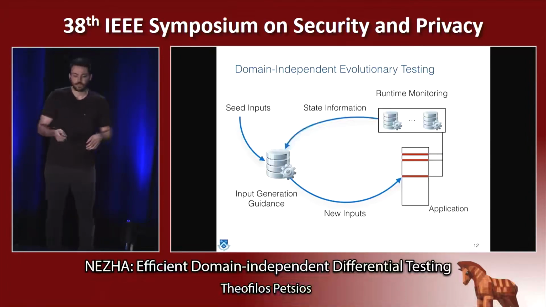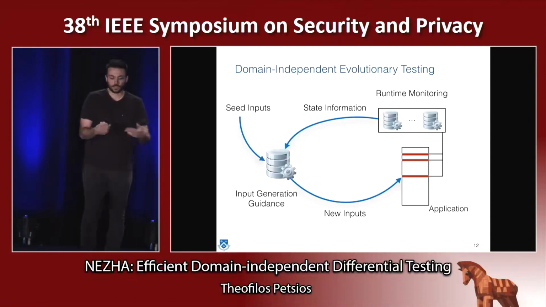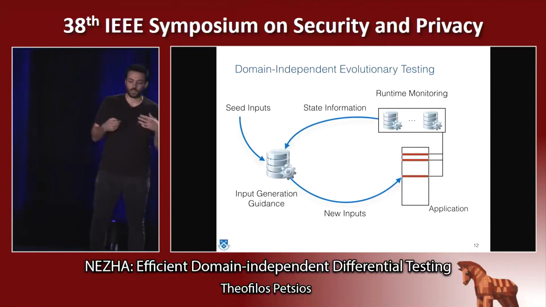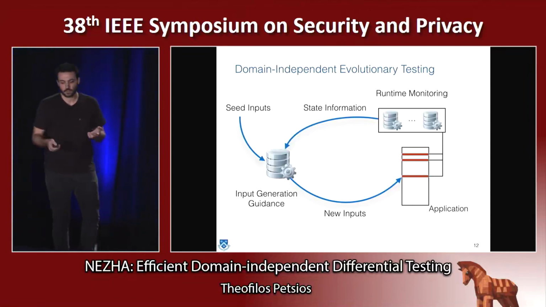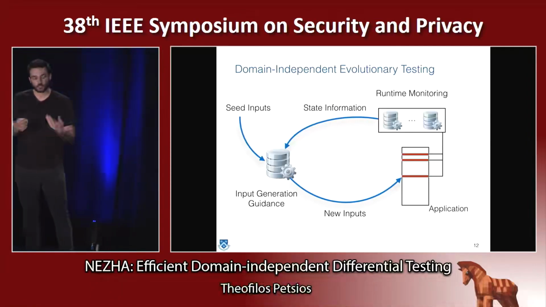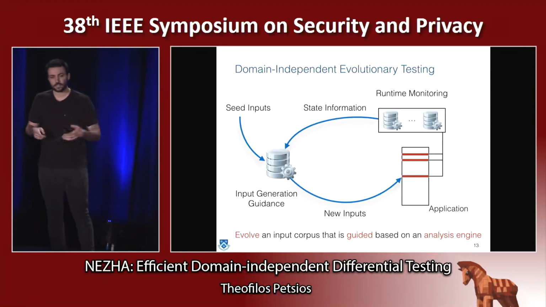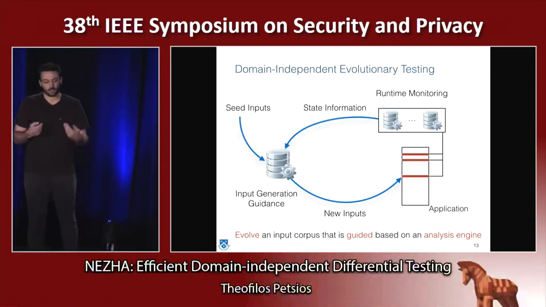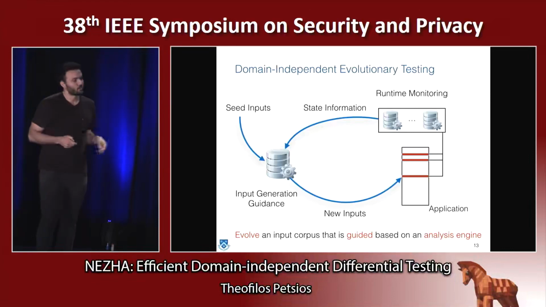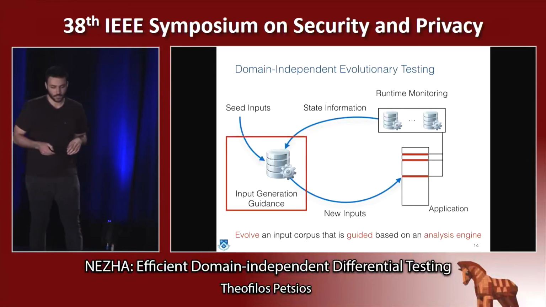You propagate this information back to your guidance engine, and in this way you get a sense of which inputs were actually most useful for your analysis. So you evolve your corpus in an evolutionary manner to make it trigger more interesting behaviors inside your application.